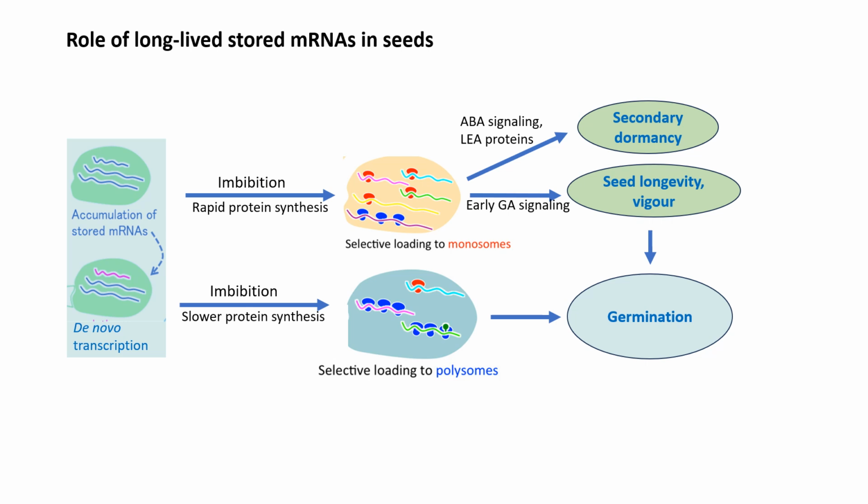We have already seen that recalcitrant seeds can undergo several cycles of dormancy and release of dormancy, which is called secondary dormancy. And so these proteins play a role during the process of induction of secondary dormancy. The mRNA for gibberellin receptor GID1 is also a long-lived mRNA, probably because early GA signaling is important for the initiation of germination.